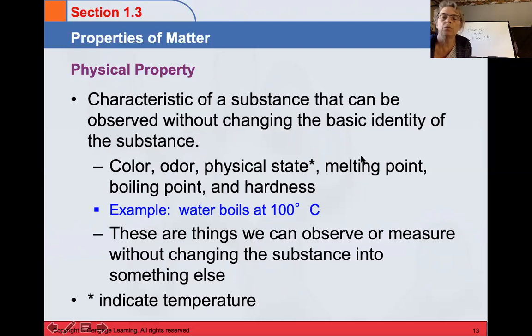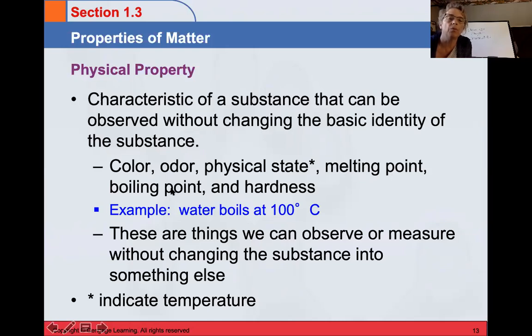When we melt water, when we turn ice into liquid water, we can measure the temperature that happens at. We can determine that melting point, but it's still water. It was solid water, and now it's liquid water, but we haven't created a new, different substance.